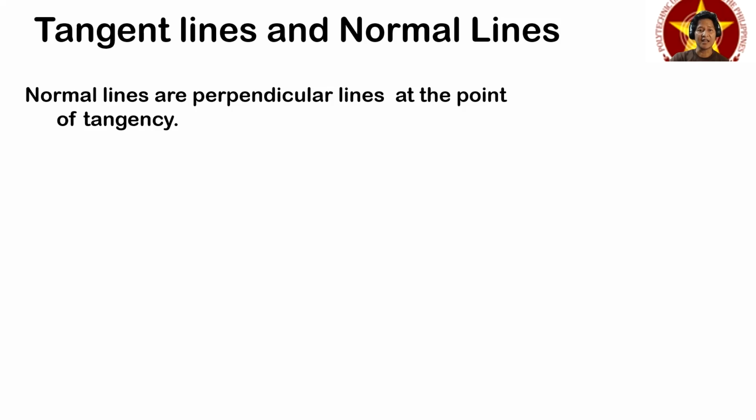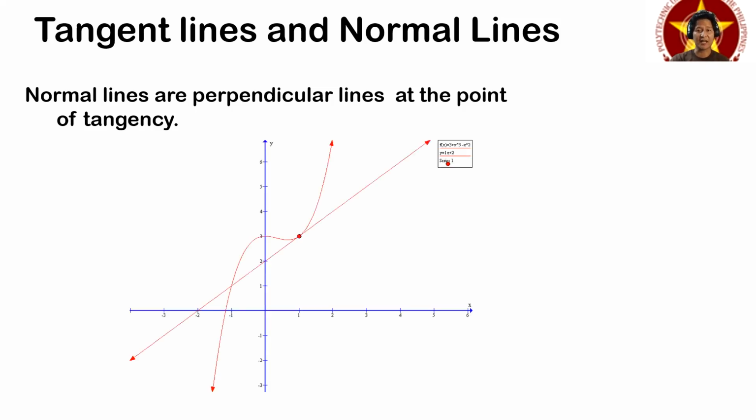Normal lines, on the other hand, ito naman yung mga perpendiculars at the point of tangency. For example, I have this. So, kunwari ito, if you look at this graph, I can say at this point, the line is tangent to this graph at this point. So, this is a tangent line. Notice, pwedeng sabihin natin na dumidikit lang siya sa isang point.